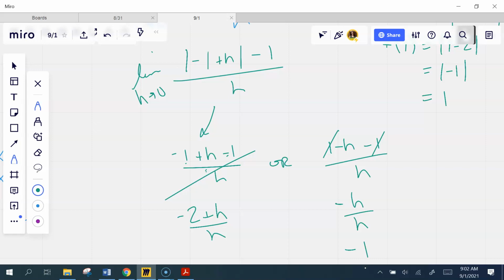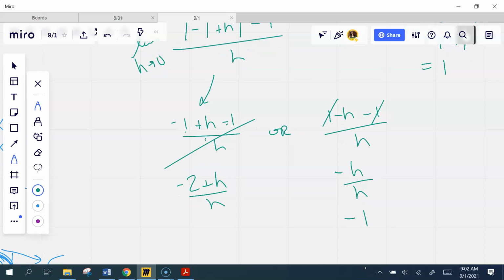Nothing cancels. I still can't plug 0 in. Should be negative 1. Well, the h is canceled. See, h was in the denominator and it didn't work, so I simplified it.